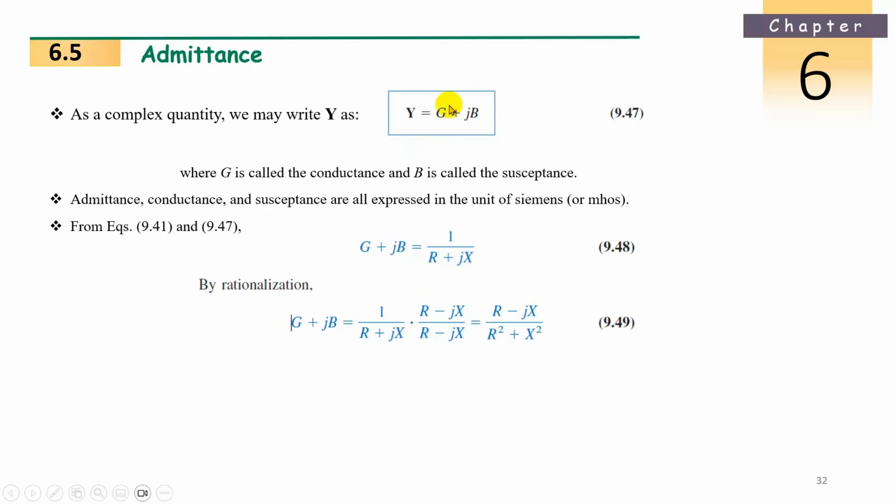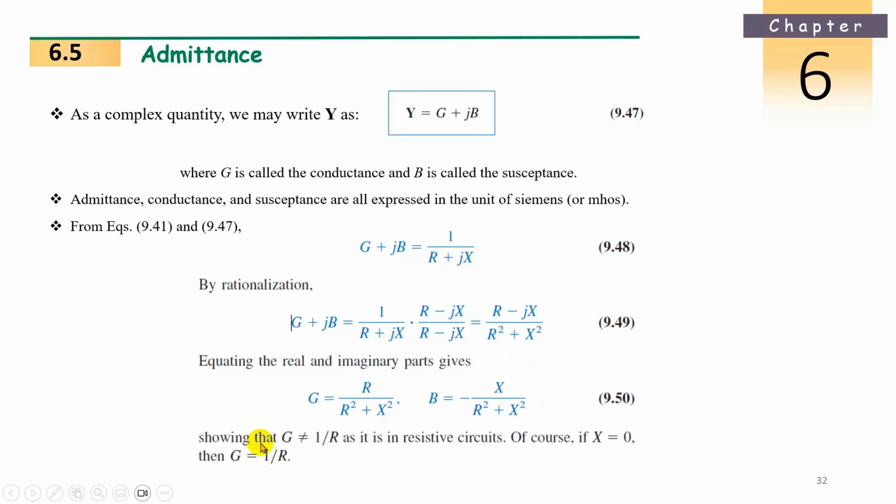So G plus jB can be written as (R minus jX) divided by (R squared plus X squared), in terms of resistance and reactance. So G is equal to R divided by (R squared plus X squared), and B is equal to minus X divided by (R squared plus X squared). This is the G part and the B part in terms of resistance and reactance.